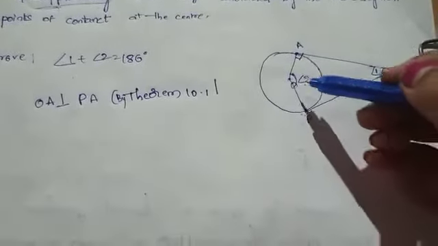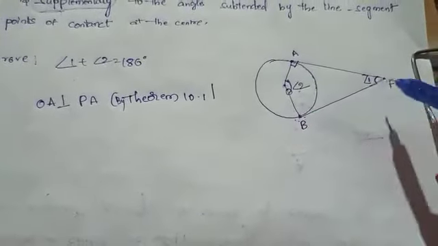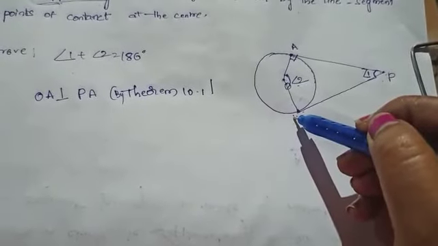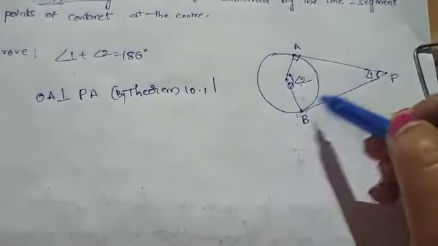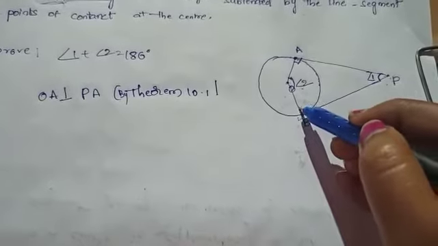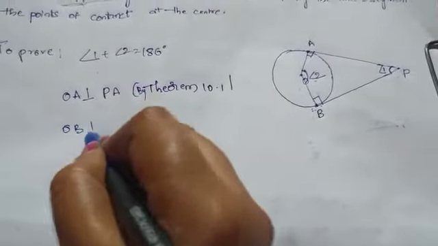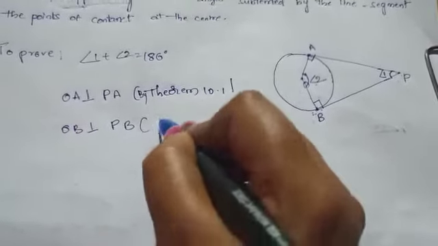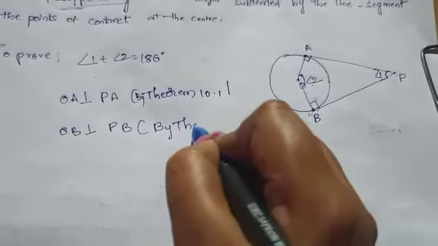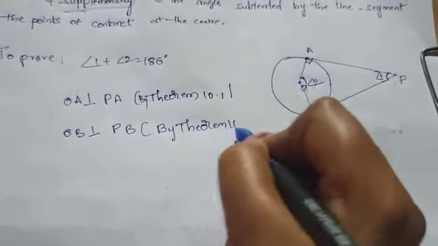In the same way, OB is the radius of the circle and PB is the tangent of the circle. OB and PB are perpendicular to each other at the point of contact B. OB is perpendicular to PB by Theorem 10.1.